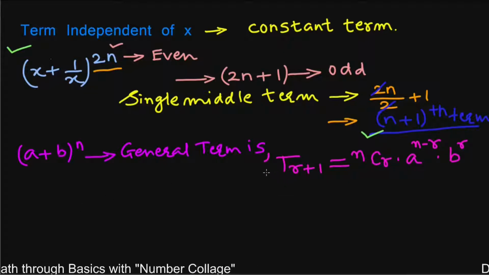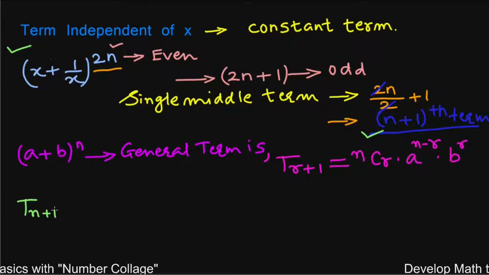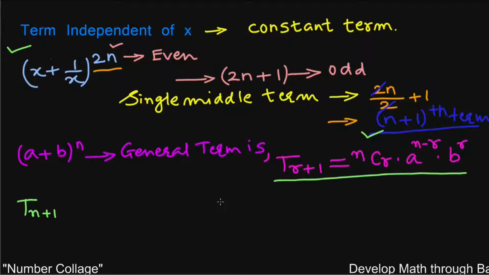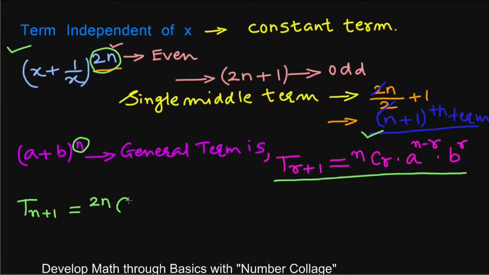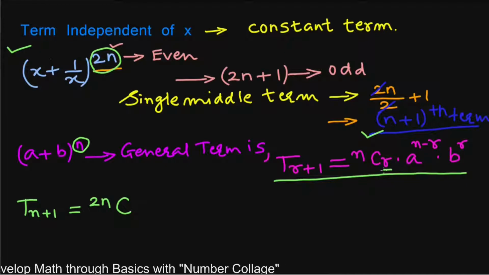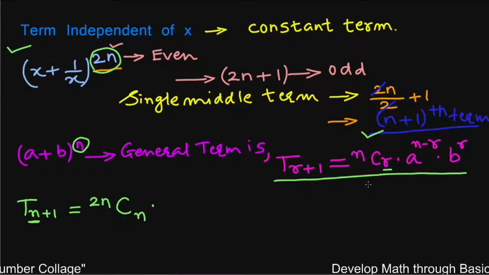So comparing t n plus 1 with this general term, the middle term t n plus 1 will have this n, which in this case is 2n c, then this r, which in this case is n, multiplied by a raised to n minus r.